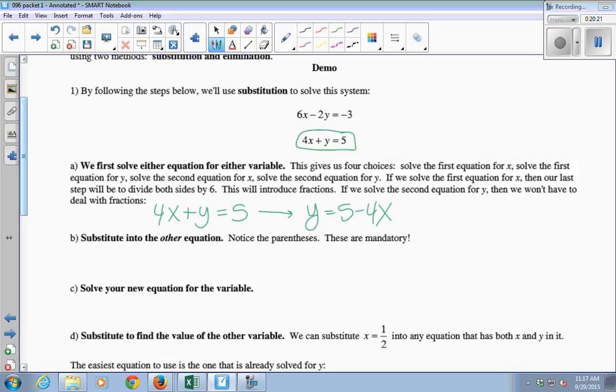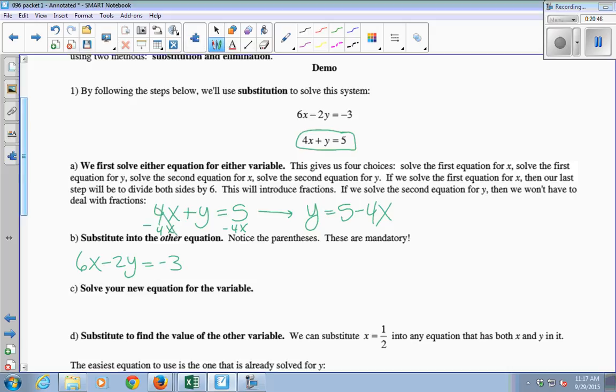All right, the next step is to substitute into the other equation. So not the equation I just picked, but the other one. So I have 6x minus 2y equals -3. I subtracted 4x from both sides, and I got y is 5 minus 4x.